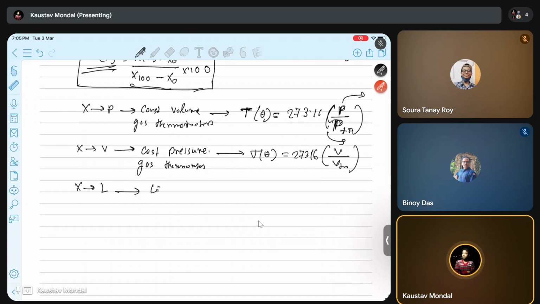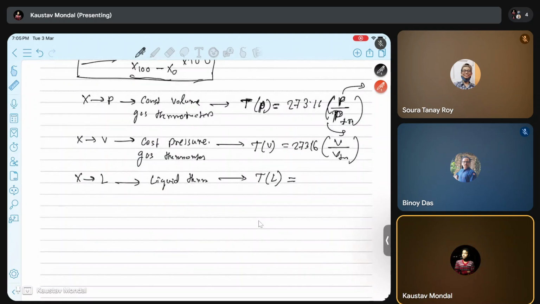This is known as the liquid thermometer. Sorry, T itself is the temperature, so it would be pressure, volume, and length, T = 273.16 times L by L_ref.